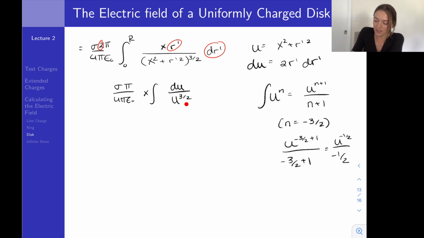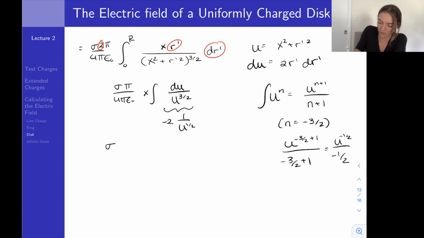So let's replace this now. We've got a 1 over negative 1/2, which is negative 2. So let's replace this with negative 2. And then we have just a 1 over u to the 1/2. So now I'm just going to replace u with my original function here.